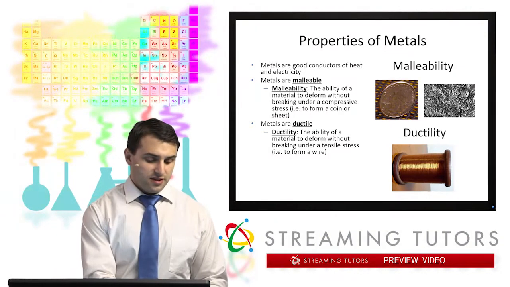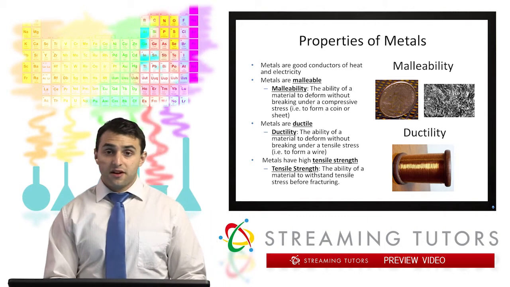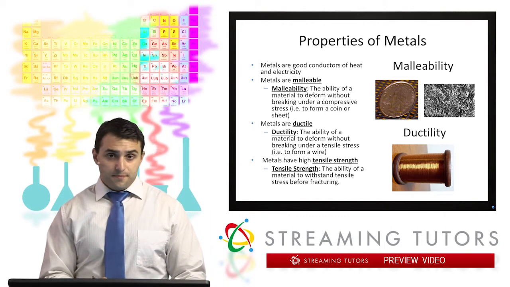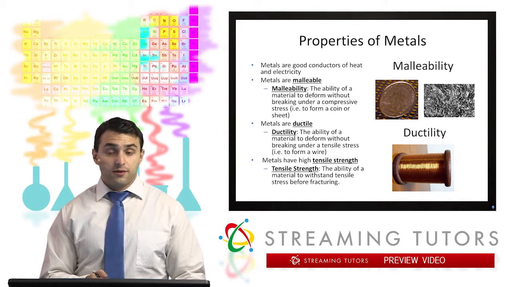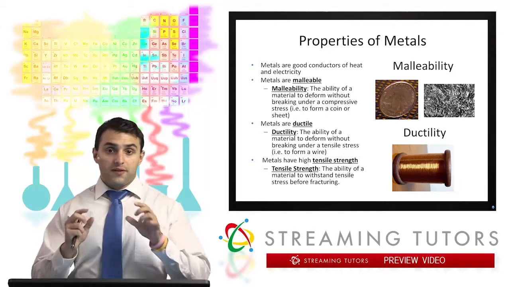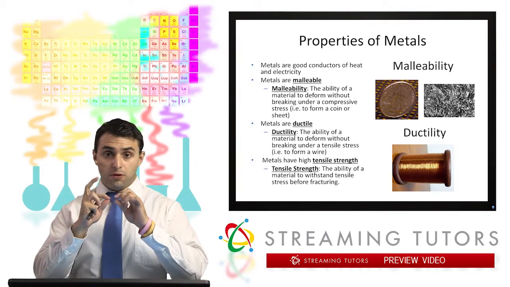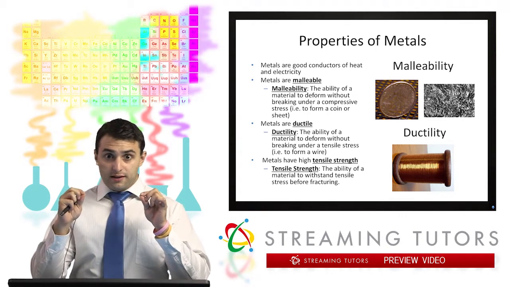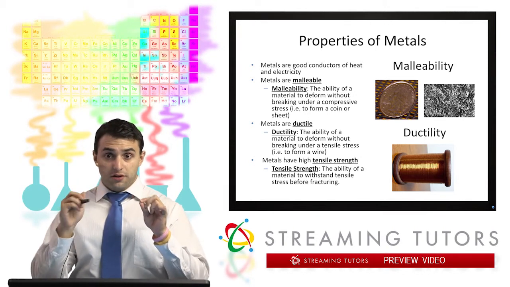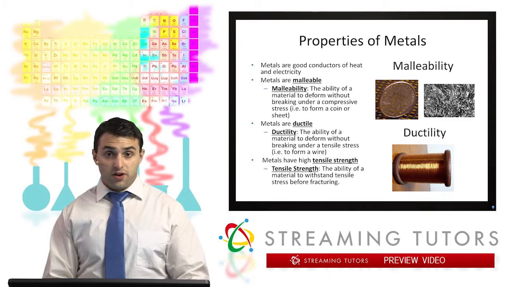Related to ductility is tensile strength. Tensile strength is the strength of a material to withstand fracturing when you pull it apart. So if I have this metal sheet again and I pull it out, the amount of force that I can apply without it fracturing in the middle is related to its tensile strength.